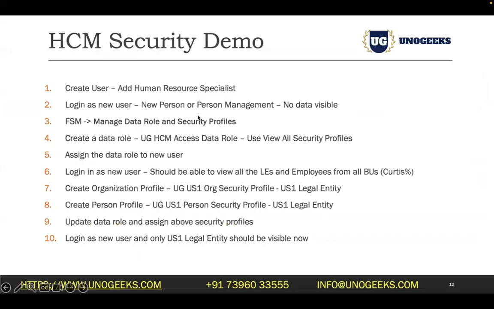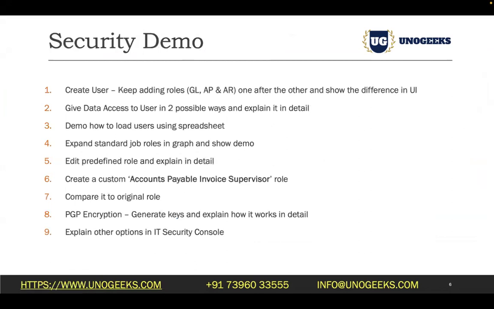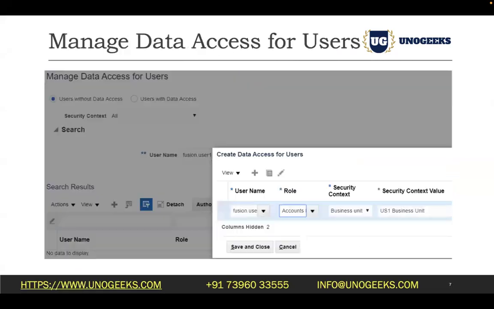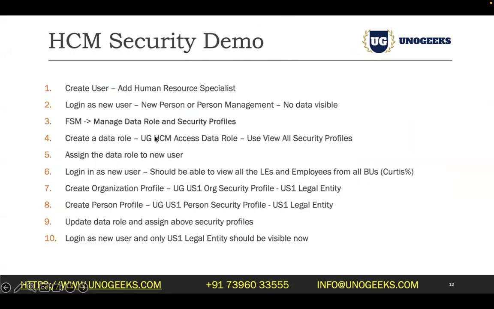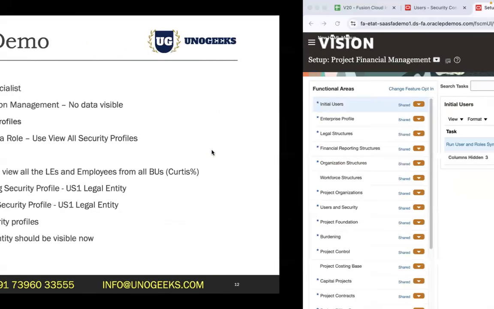This is a completely different task when compared to what we used yesterday to grant data access. Yesterday we went to one screen, that is manage data access for users, and that task is completely different from this.